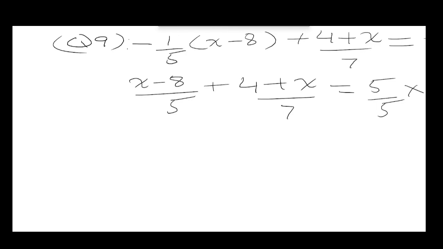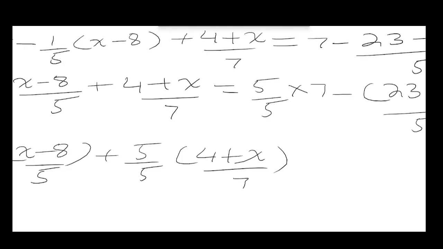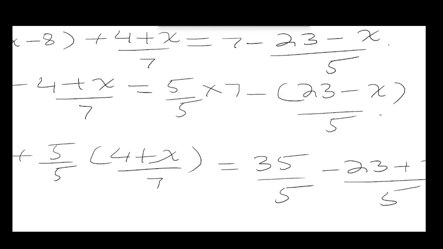So we have 5 here, we have 7 here, this will be 7 by 7 bracket (x minus 8) over 5 added with 5 over 5 bracket (4 plus x) over 7. Now this will be equal to 35 over 5 minus (23 plus x) over 5.